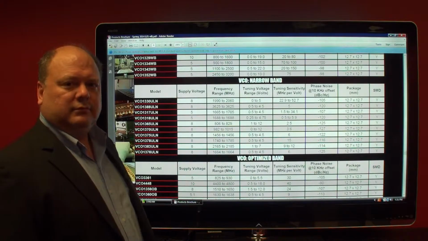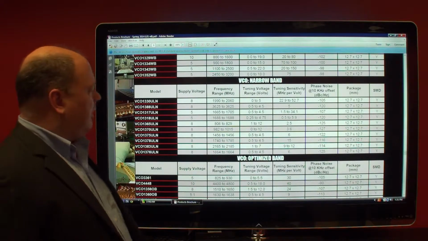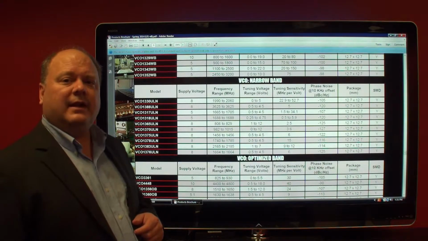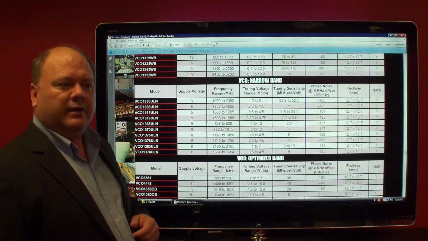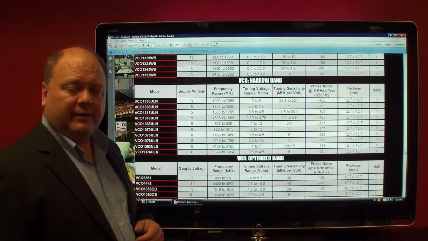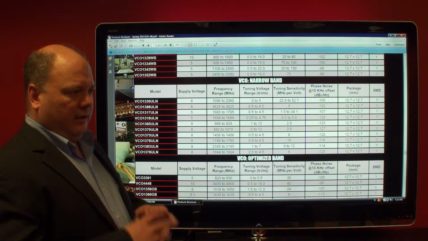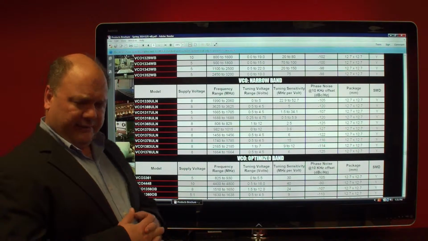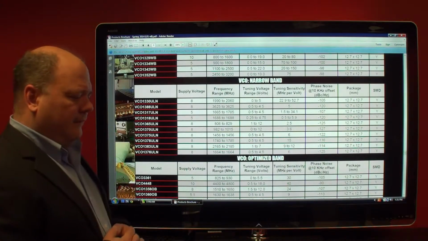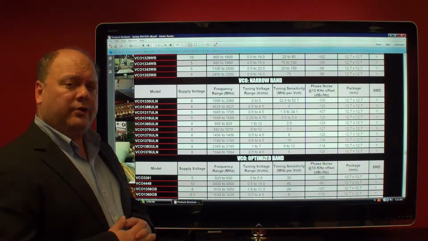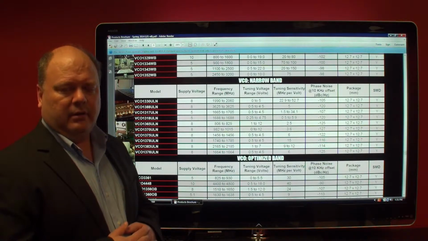Good morning. Next section that I want to talk about regarding the 2014 DEI product brochure is the category of voltage controlled oscillators, VCOs. VCOs, unlike a VCXO, do not use a quartz-based resonator.